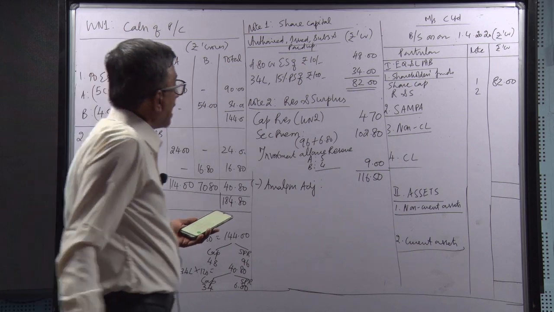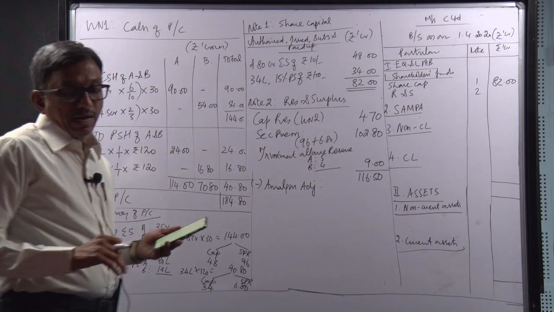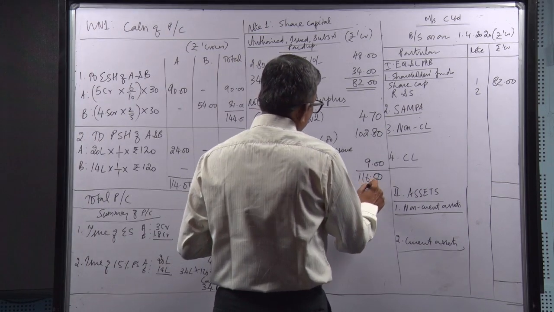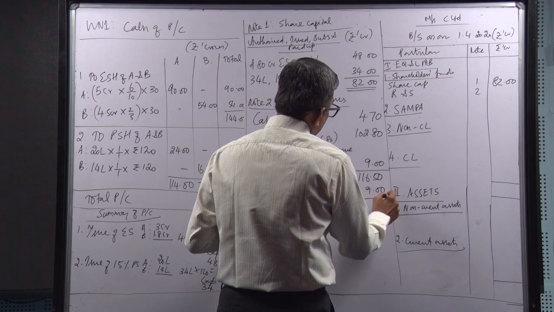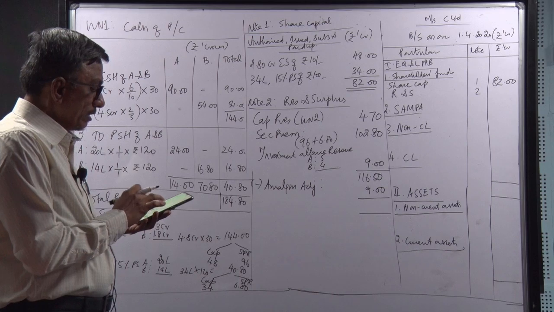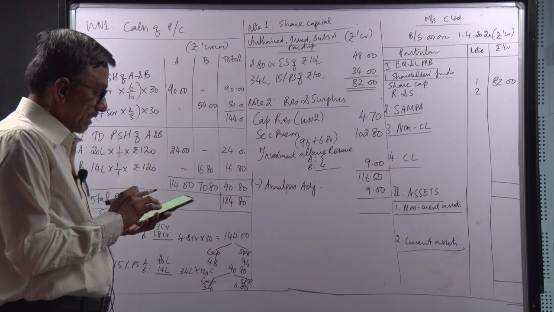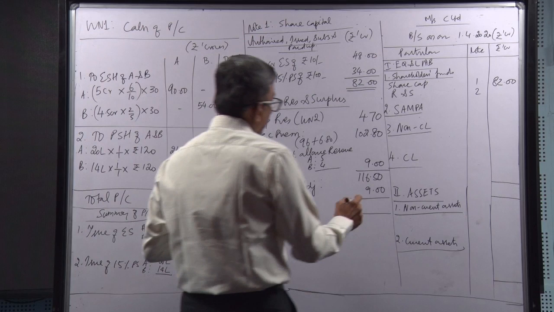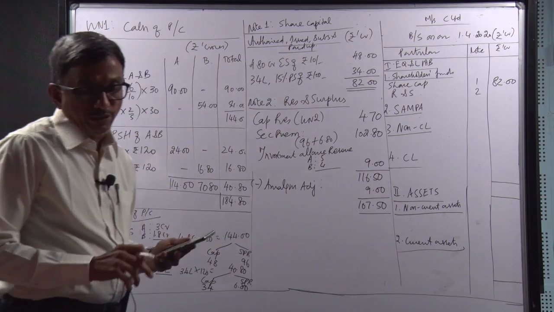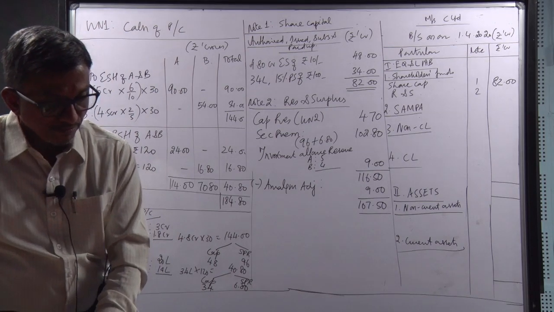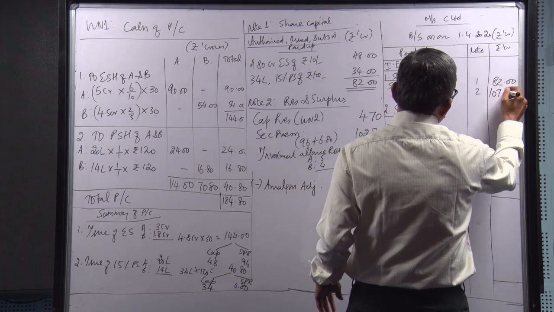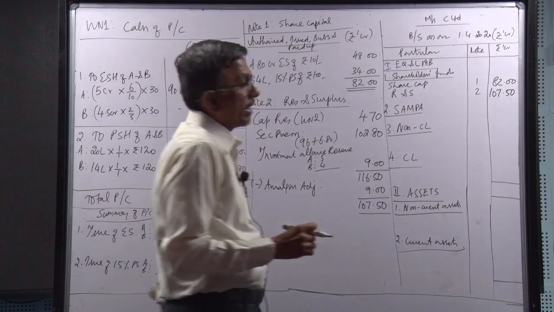So the reserve is added in the reserve surplus. The amalgamation adjustment should be deducted from the total of reserve surplus. So you deduct it, minus 9. Now you will get the net reserves and surplus. So 116.5 minus 9, that is equal to 107.5. This will be shown in the balance sheet of the purchasing company. So the total reserves will be 107.5.